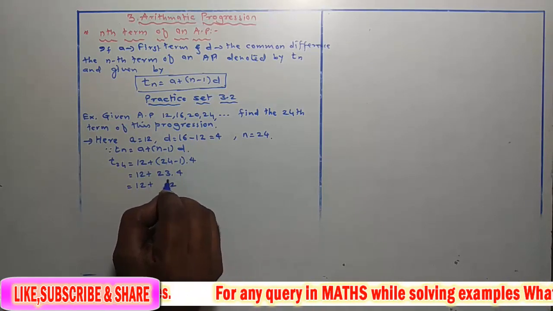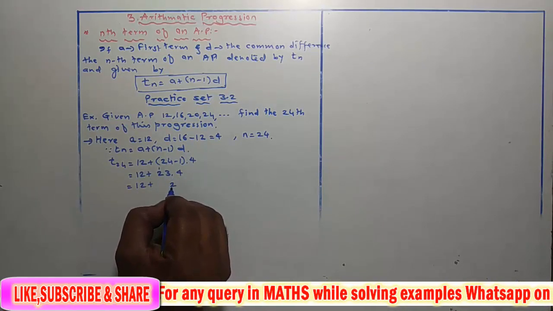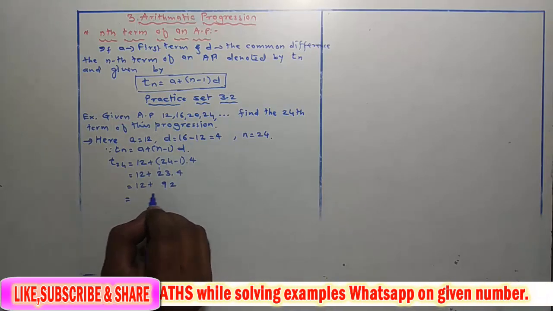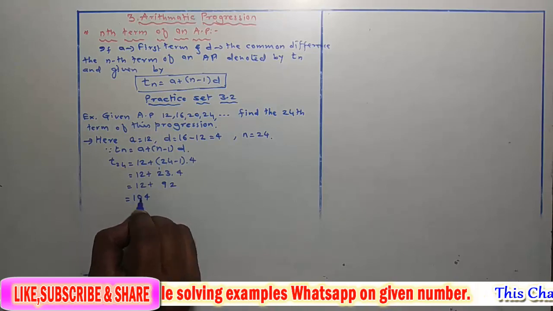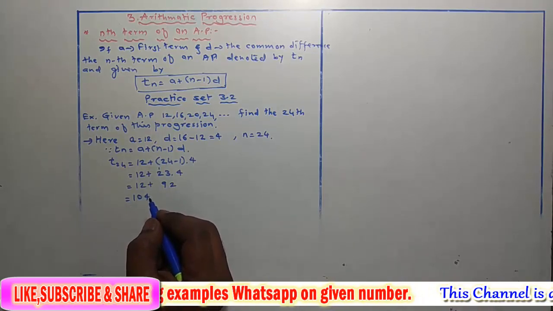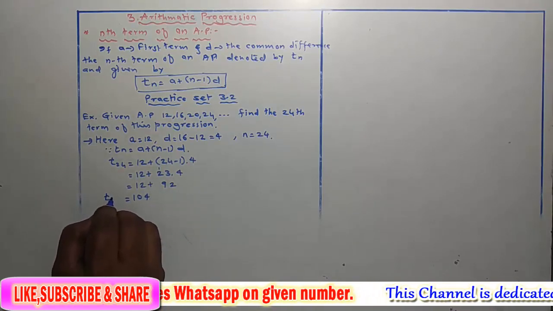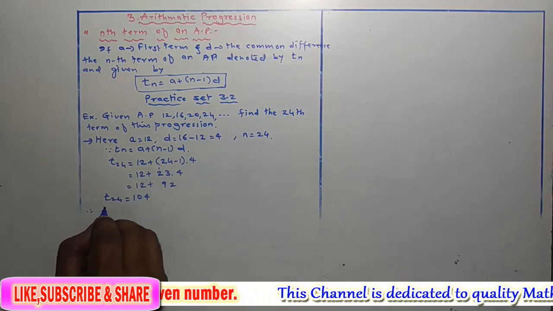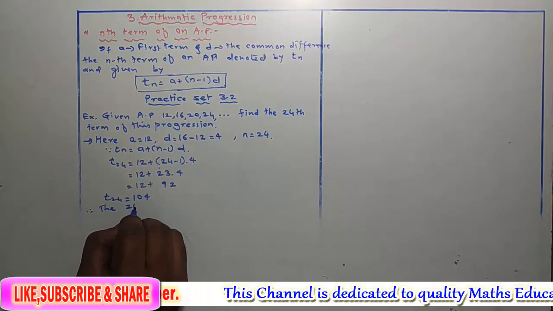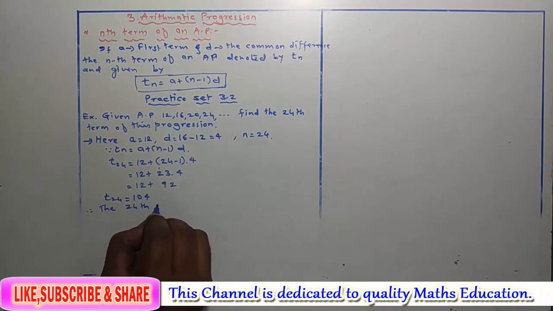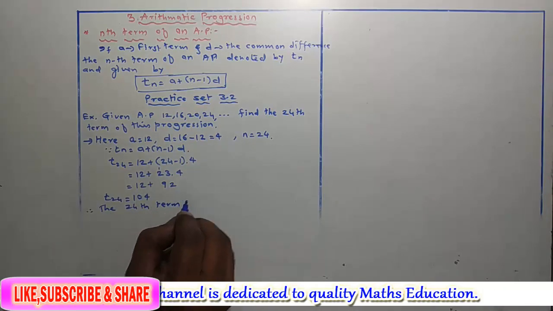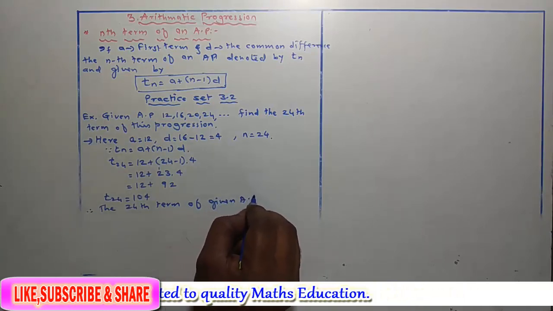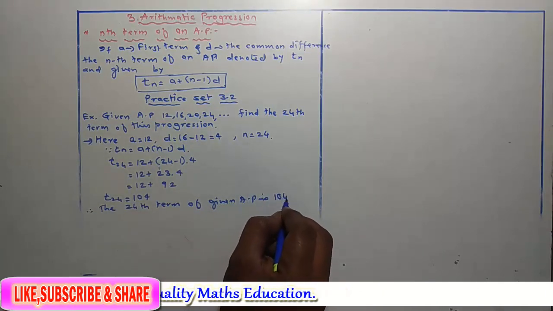So 4 3s are 12, 2 carry, then 4 2s are 8 plus 2 is 10... it is 104. That is the answer, and therefore T24 is equal to 104, and therefore the 24th term of the given AP is 104.